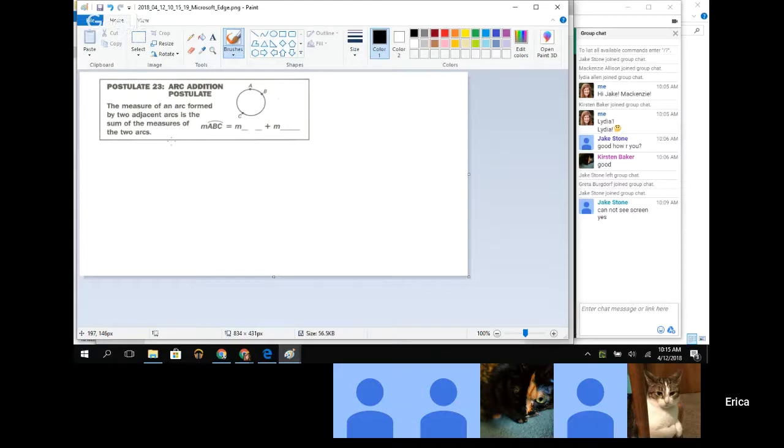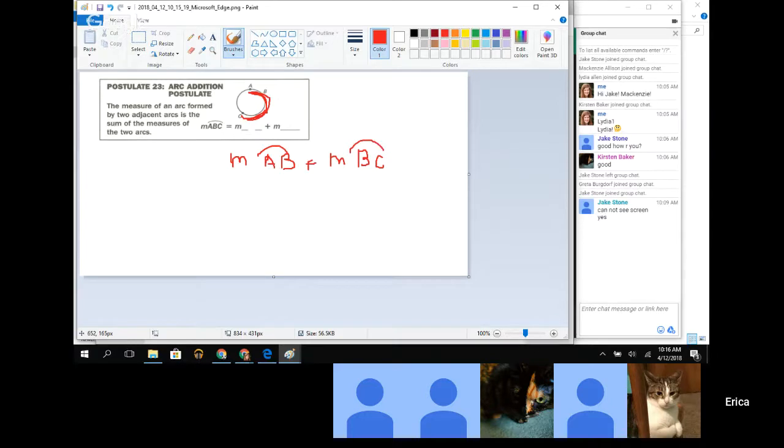But it's basically saying that if you have the measure of arc ABC, you want to measure ABC, then that is equal to the measure of arc AB plus the measure of arc BC.